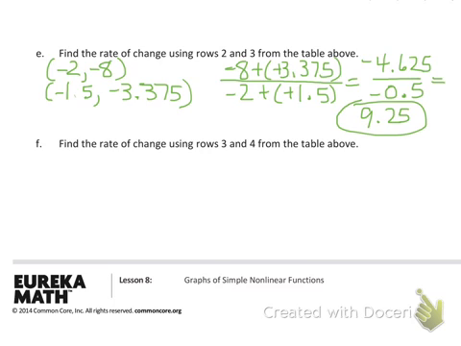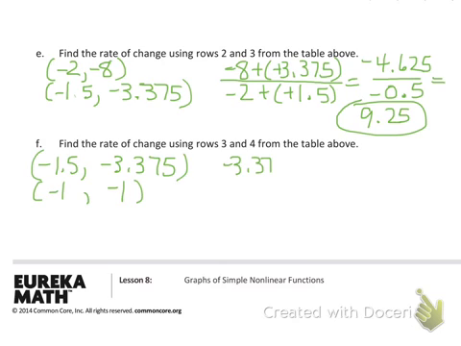Okay, so the rate of change between rows 3 and 4. Row 3 is negative 1.5 and negative 3.375. And row 4 then would be negative 1, negative 1. So my calculation here is going to be negative 3.375 minus, that's the difference in the y coordinates, so minus a negative 1.